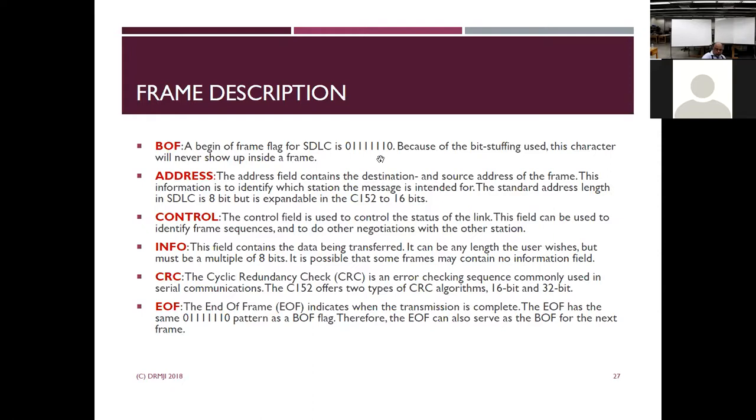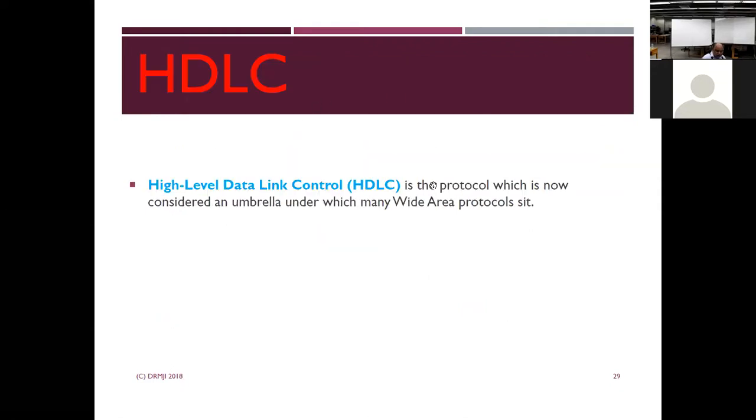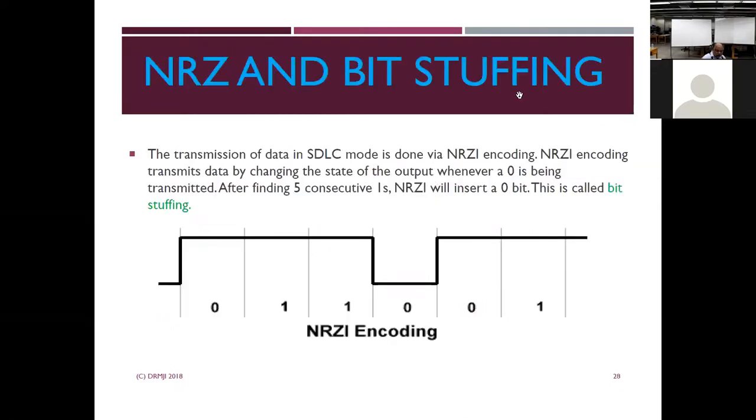You might ask how then we can transmit six ones contiguously in user data. For that, we talk about non-return to zero encoding, and then bit stuffing. This is a very common term in communication.